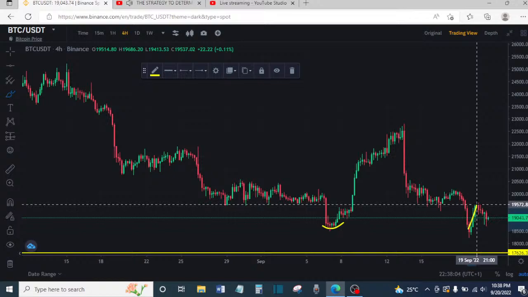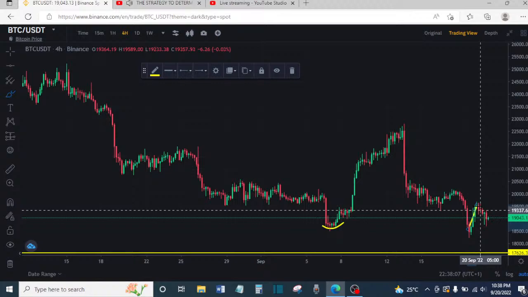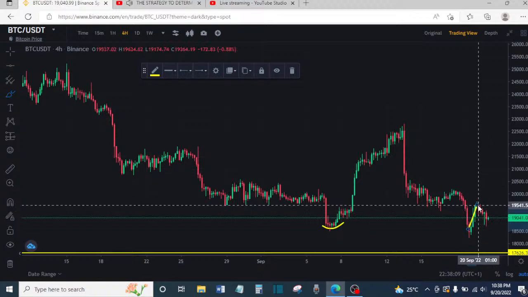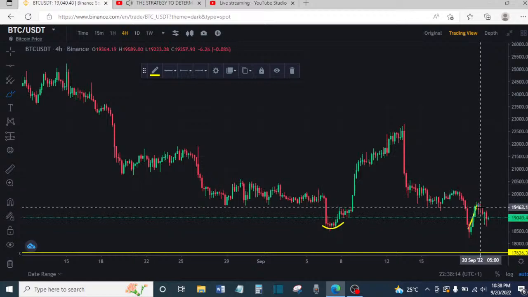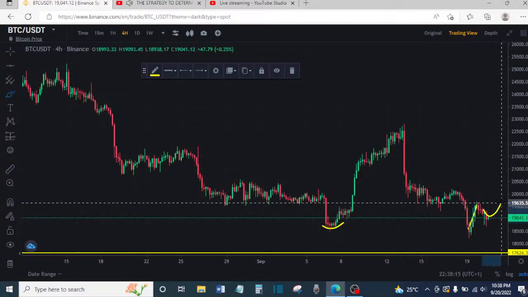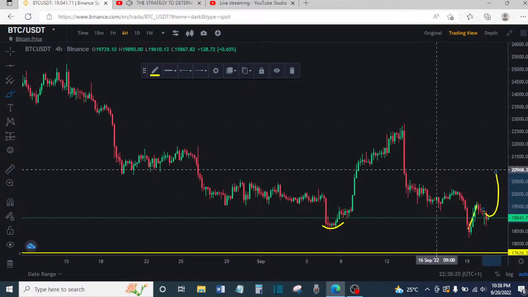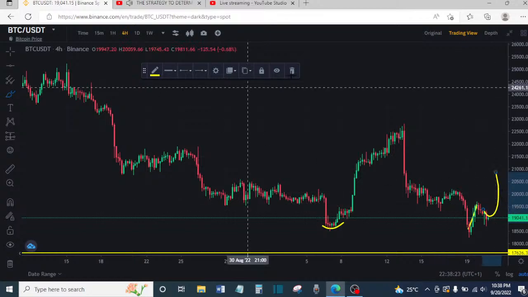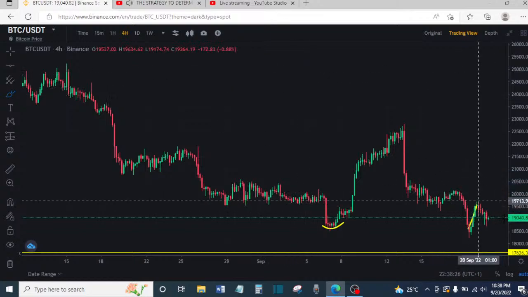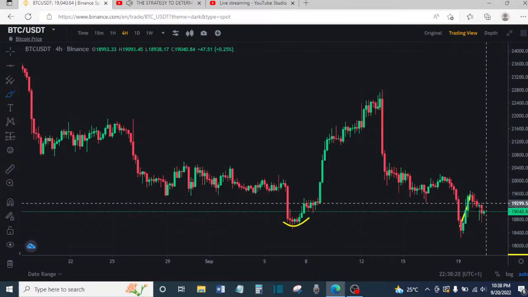I'm not yet sure if price will actually use that opportunity to possibly rebound. If price will actually go up, what I will want to do is to have more consolidations around this area.